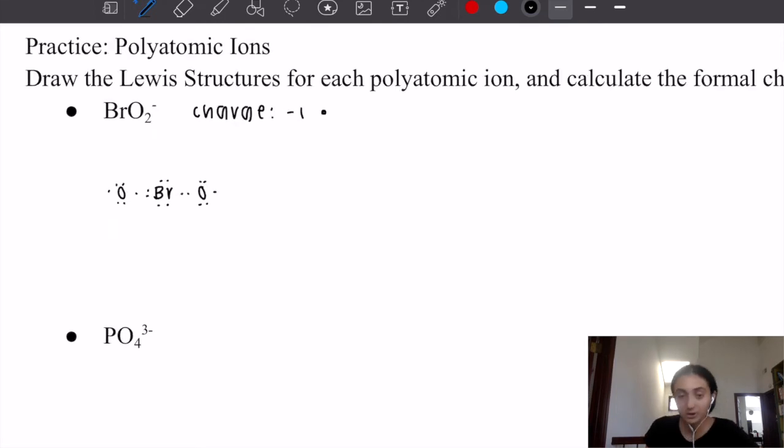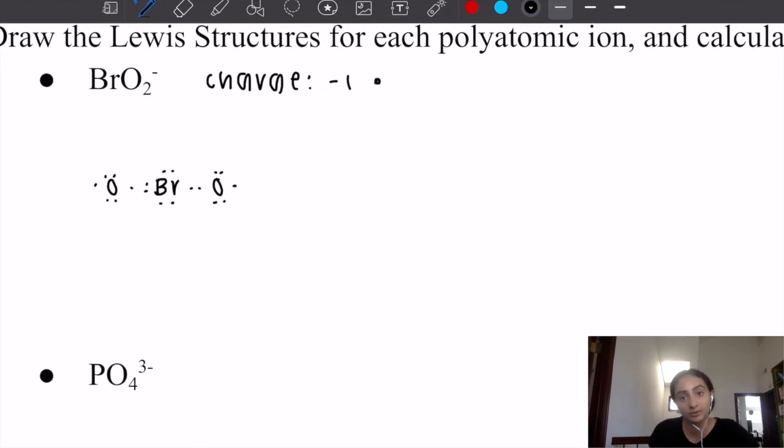And I'm going to go about this how I would normally go about a Lewis structure. First step, make sure every atom is bonded together. So I'm going to bond this bromine to an oxygen and this bromine to an oxygen. So now bromine is at 1, 2, 3, 4, 5, 6, 7, 8, 9 electrons. However, each oxygen is only at 7 electrons.